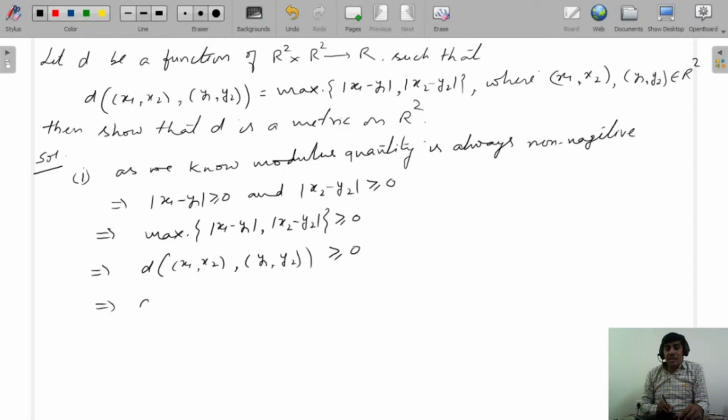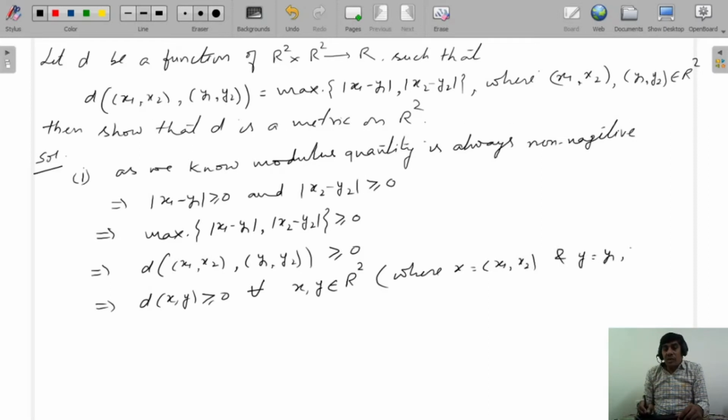This implies D(x, y) is greater than or equal to 0 for every x, y belongs to R square, where x is equal to (x1, x2) and y is equal to (y1, y2). So first property is satisfied.